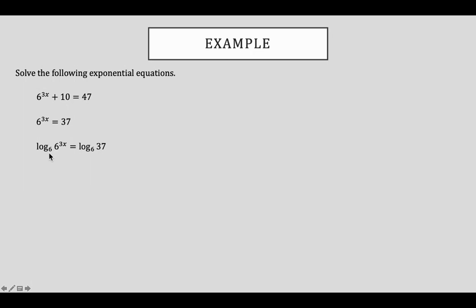Now, why did we do that? Logging with a base of 6 is the inverse operation of exponentiating with a base of 6, meaning that these quantities are going to cancel out and leave us with simply a 3x on the left-hand side of the equation. Remember, log base a of a raised to the blank equals that blank.